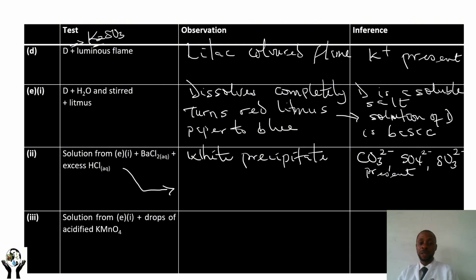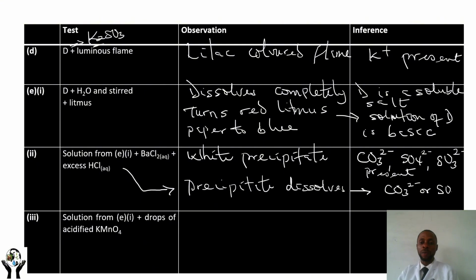But if it is insoluble, then it is SO4 2-. In this case, the precipitate will be soluble. So for this particular one, the inference is that CO3 2- or SO3 2- is present.